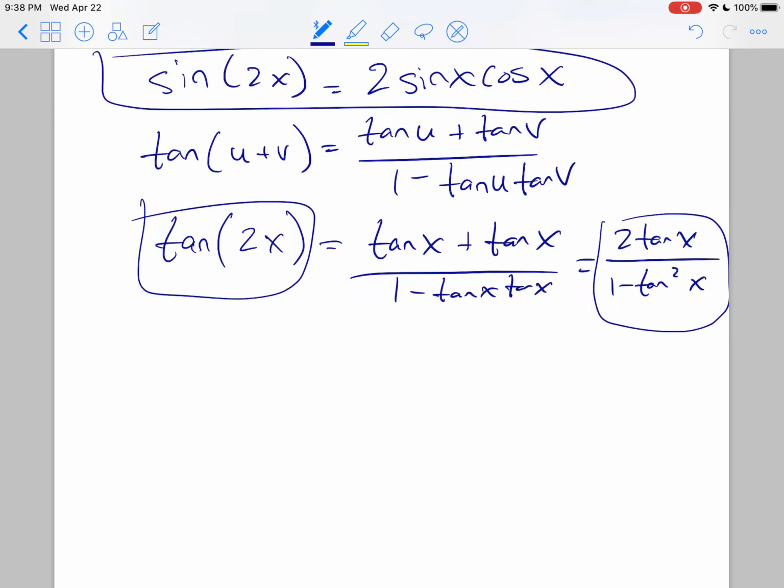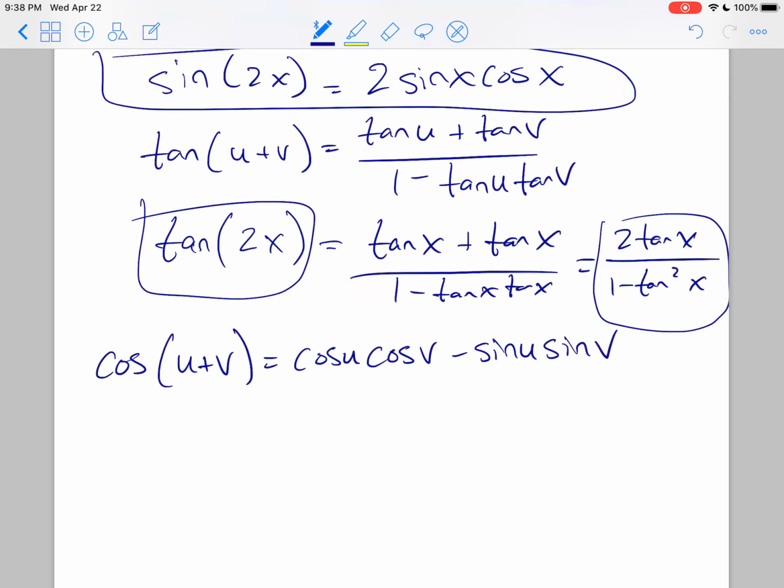And finally, cosine, the most useful one, because the difference formula for cosine is the basis of all of this. So when we do cosine of u plus v, that gave us cosine u cosine v minus sine u sine v.